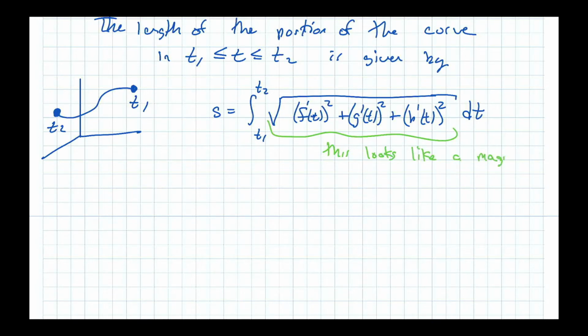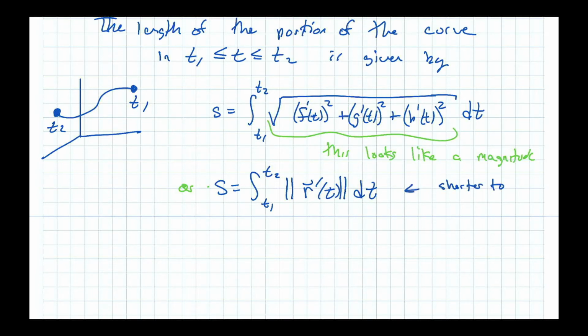So you could also write it this way: S equals the integral from t1 to t2 of the magnitude of the vector f prime, g prime, h prime, which is the derivative of r. So you could write it very concisely as the magnitude of r prime dt. That's just shorter to write, and that's the only reason behind it.